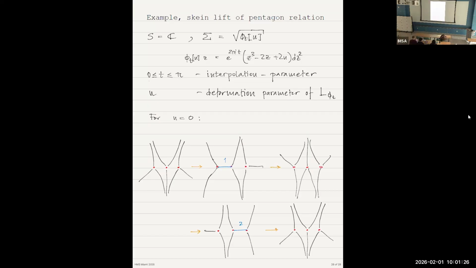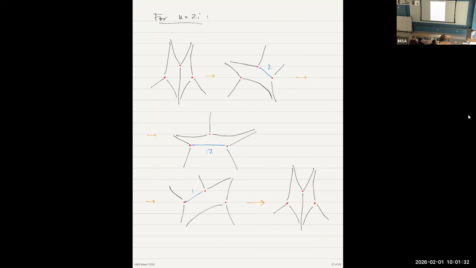So the product of two of these functions, z disk, or I'm going to call them psi in a second, on the one hand. On the other hand, if I deform u outside of the unit circle, so for example to 2i, which is a nice value, then we can do the same exercise with the family, and we see three disks instead. So we see first one disk here, and there's a joint flow line, and then another disk.